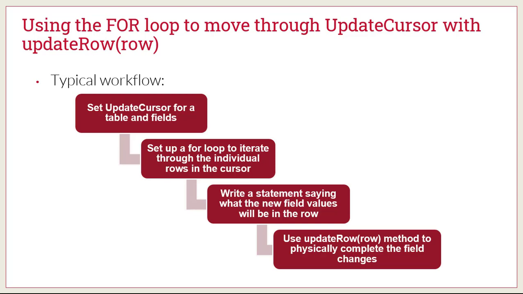Let's talk about, before we get into the actual coding, the typical workflow for using our update cursor with the updateRow method. First, you're going to set the update cursor statement within your input data set and the fields you want to work with. Second, you're going to set up a for loop to iterate through that cursor object, iterate through each of those rows that's sitting there.